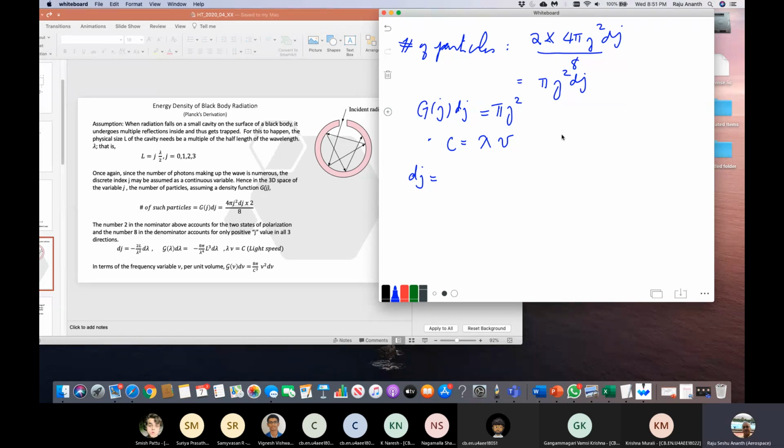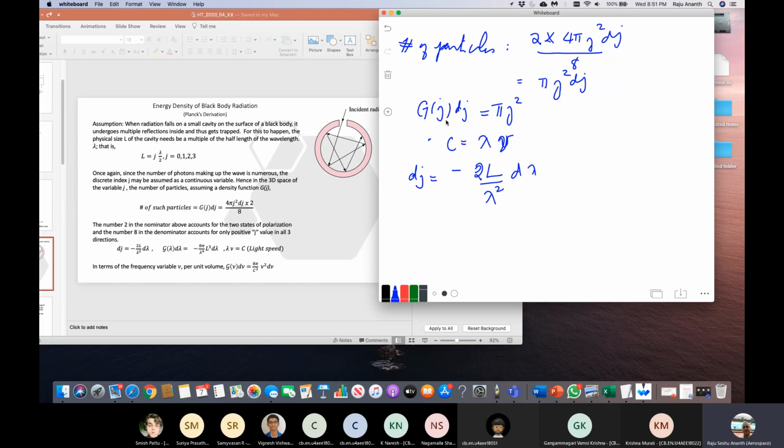So, let's say C over lambda, because 1 over lambda. So the frequency is, again, let's say 2L over lambda square d lambda.